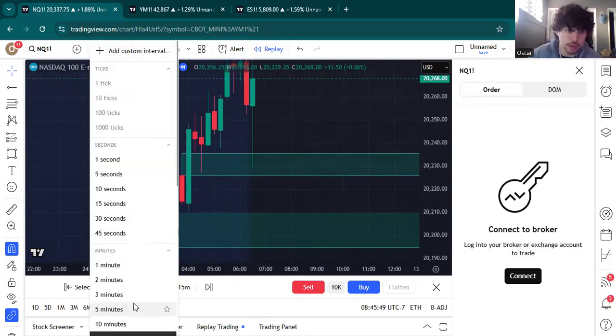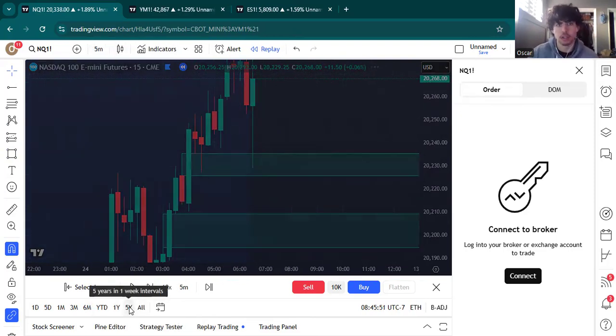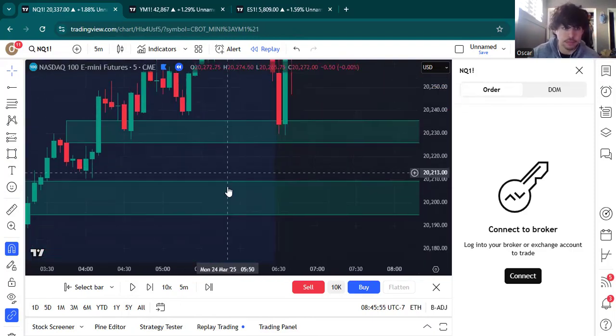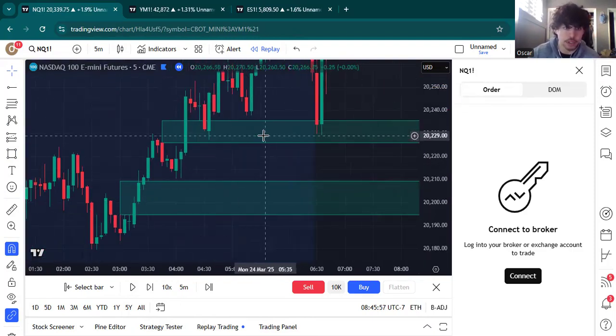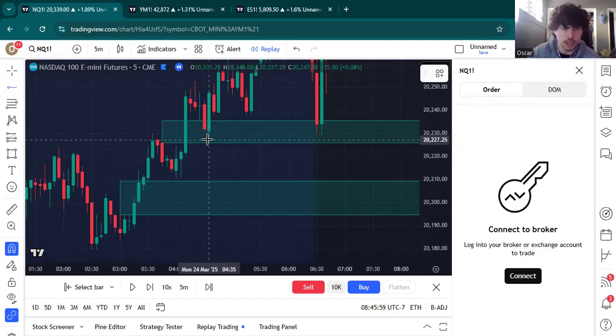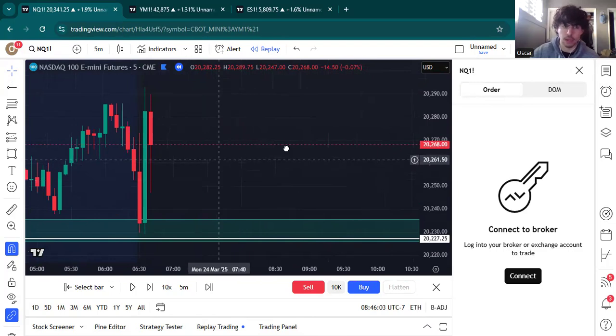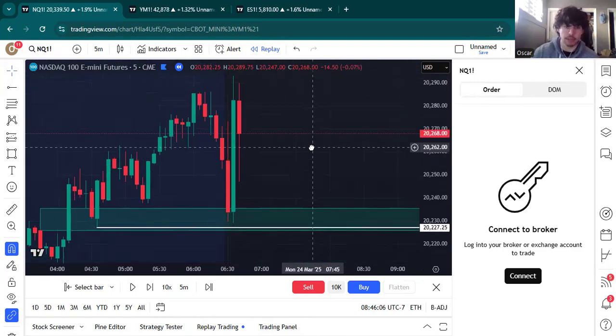Let me see if I can find it. I think I got it on the 5 minute. I believe it was right here. I just chopped this up as relative equal lows. So now that we have all this mapped out, I actually have the whole chart right here.